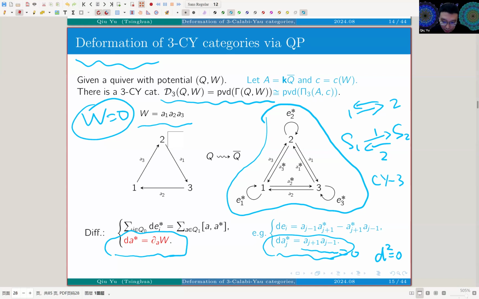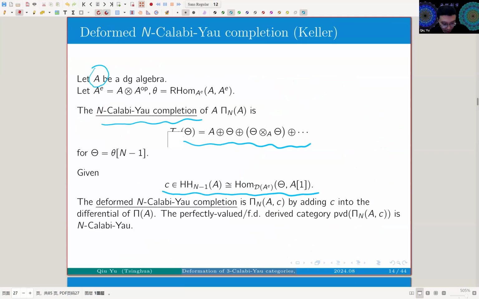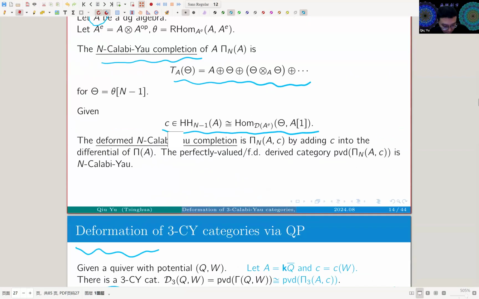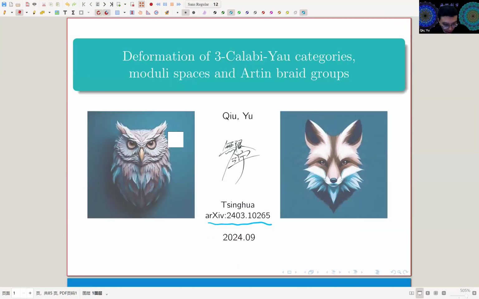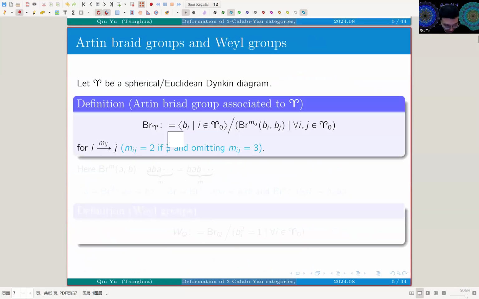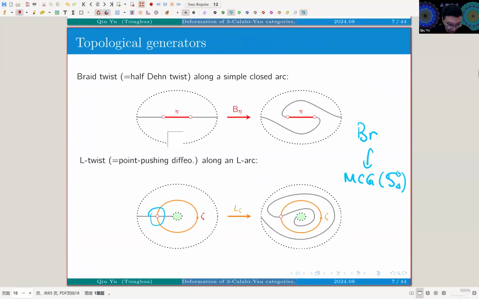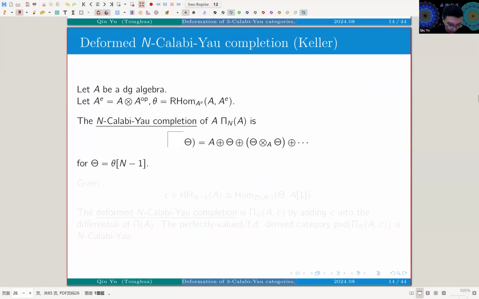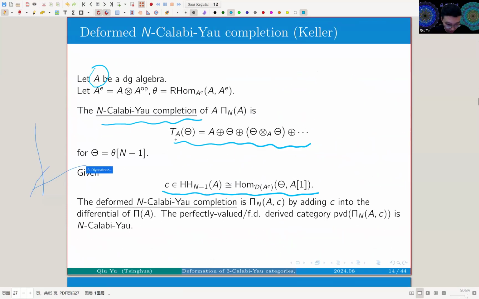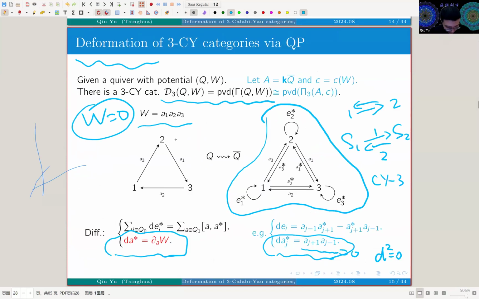So deformation here means that we change the elements in the Hodge homology. And then we change the category in the sense of Keller, so we deform this Calabi-Yau category. But combinatorially, we just change the potential term.